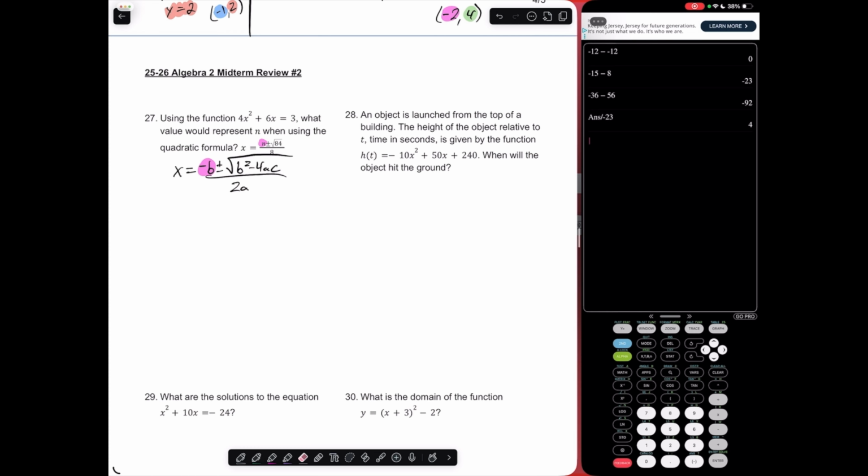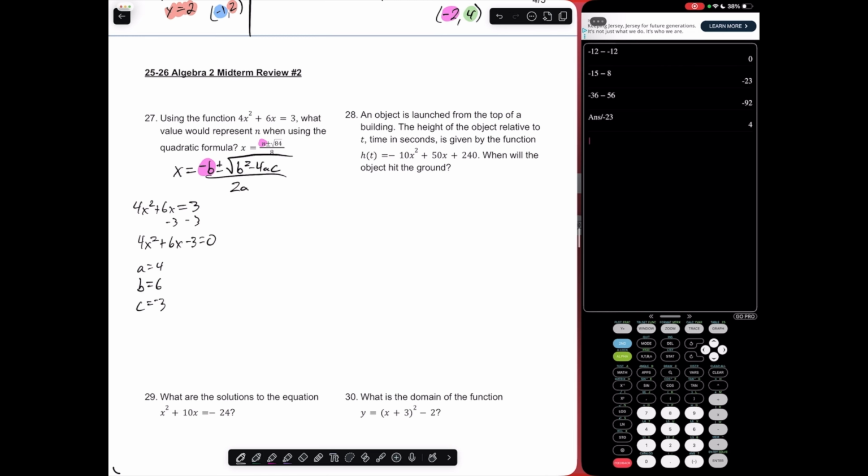So we have 4. It won't matter in this problem, but it's always good practice. Equals 3. So we want to subtract this 3. When you're using the quadratic formula, everything has to be on the same side. So now a is 4, b is 6, and c is negative 3.